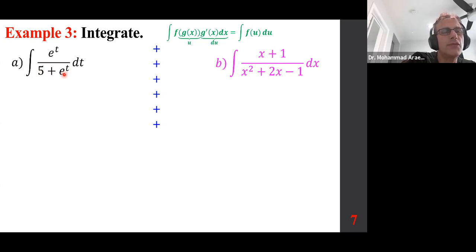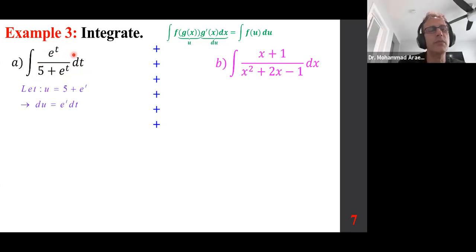So notice, if you let u be the denominator, which is 5 plus e to the power of t, then the numerator is the derivative of that. So du/dt is e to the power of t, and therefore du is e to the power of t dt. Notice dt, in essence, you can write in the numerator. So here's what we are going to do.